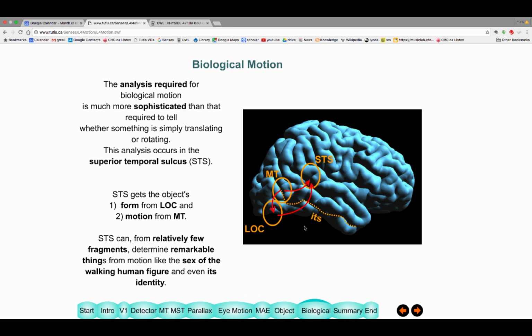And so it's combining information from MT and from LOC and telling you that this is a living object. And this area is useful for things like lip reading. So you can use lips to be able to decode what a person is saying. And you'll see in a moment that you can tell a lot about a moving figure.